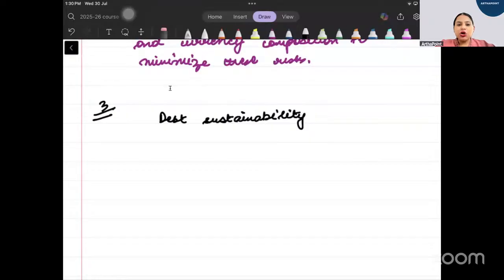So you would be aware that when we talk about debt sustainability, especially with respect to India, if we look at its history, you will notice that India was not very debt sustainable, right? When India took loans, it was not able to really repay them, especially during 1950s to 1970s, right?